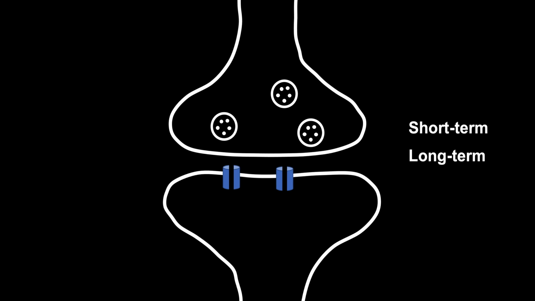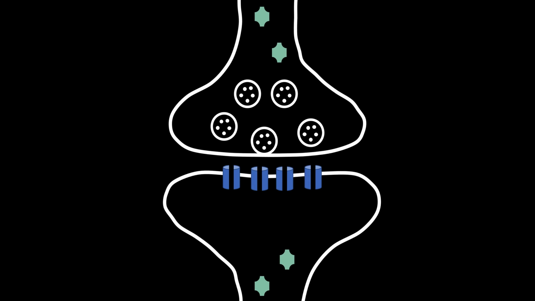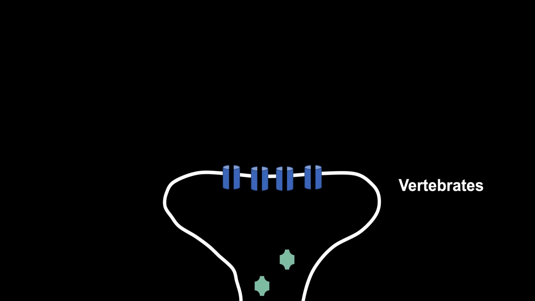In both kinds of animals, the short-term strategies depend on transient increase of synaptic efficacy, while the long-term changes require activation of similar plasticity gene pathways. However, in invertebrates, those changes happen mostly in the presynaptic part, whereas in vertebrates, the changes are induced mostly postsynaptically.